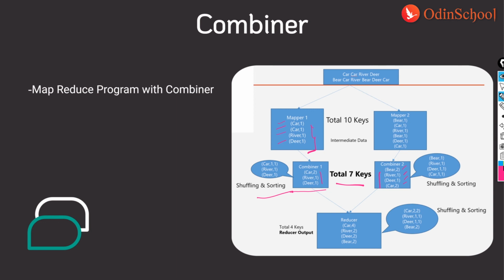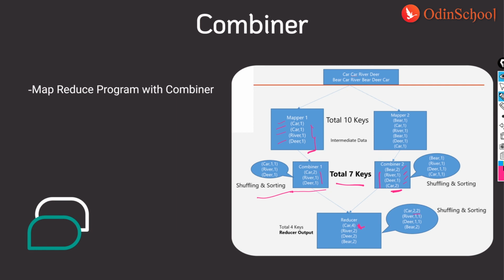Based on these 7 keys, the reducer gets car comma 2 as an input, and from the other mapper also car comma 2. So car comma 2 comma 2, rather than 1 1 1 1, and the final output is the same, because it has to aggregate.